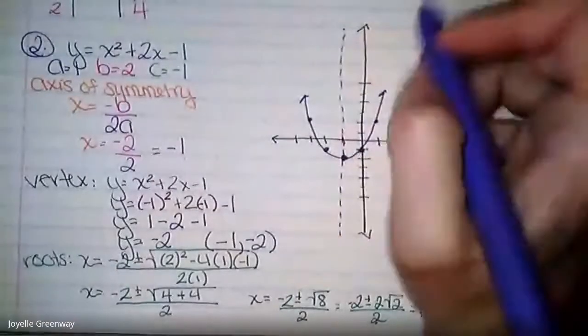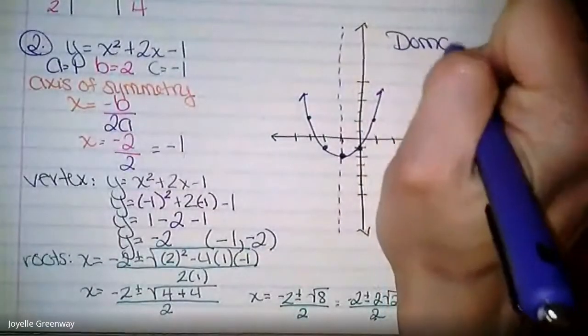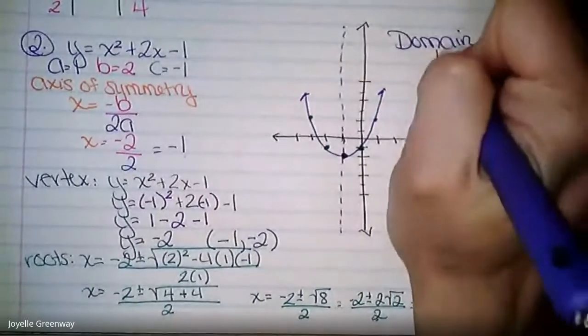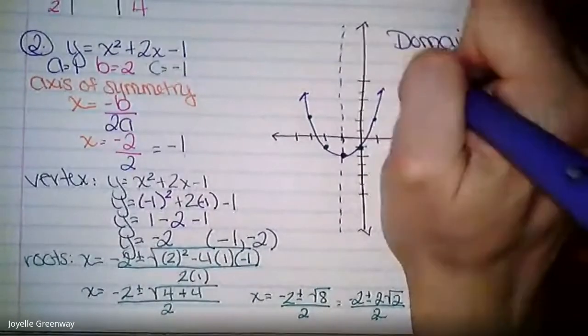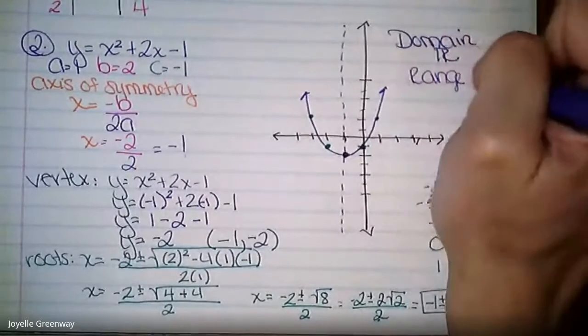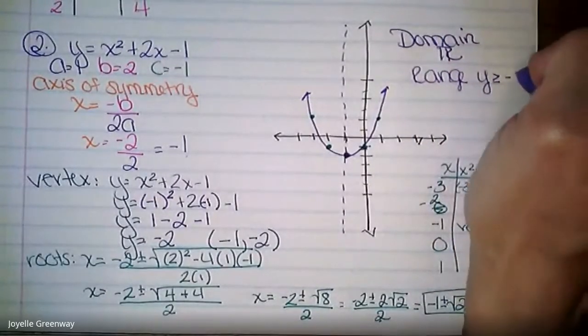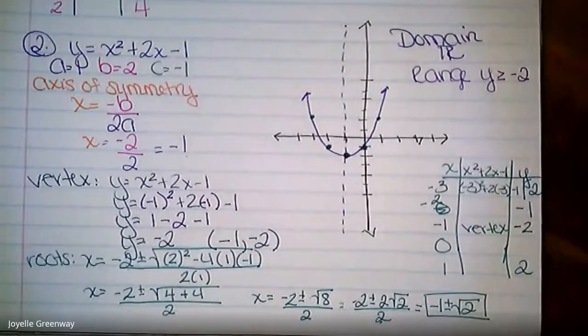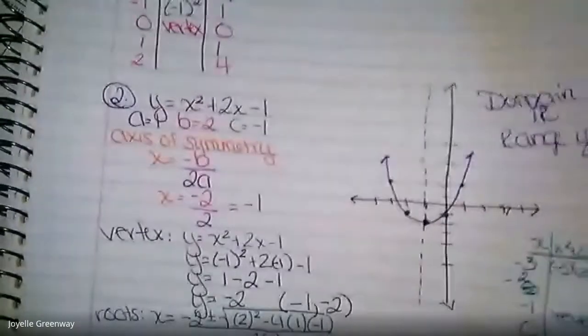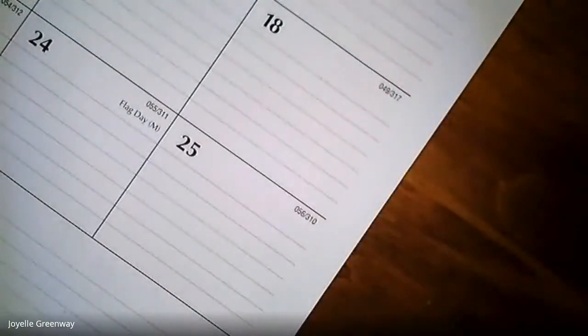All right, so for this graph, your domain is all reals, and your range is y is greater than or equal to negative 2. Okay, so that's number 2. Let's take a look at number 3.